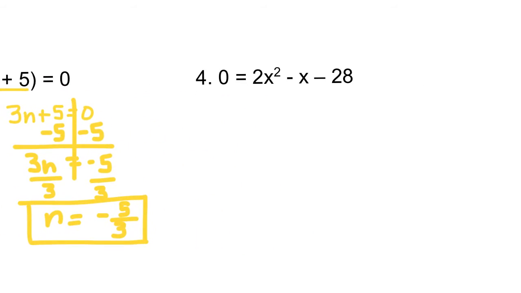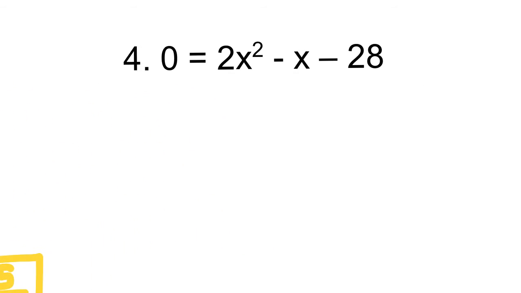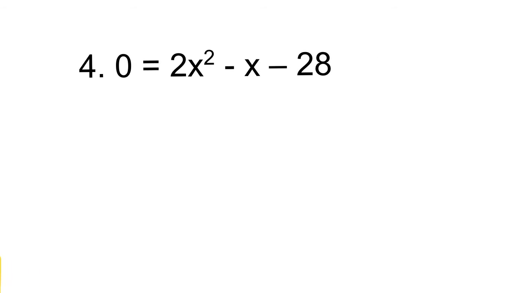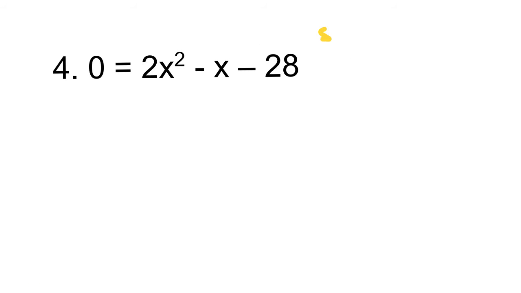Now look at number 4. How is it different? Well, it's not factored yet. So first we're going to have to factor. Remember that the sum is negative x and the product is negative 56x.